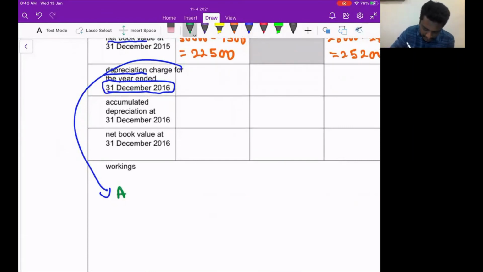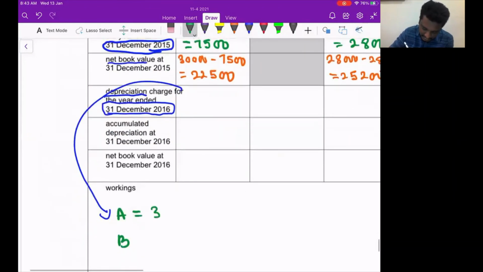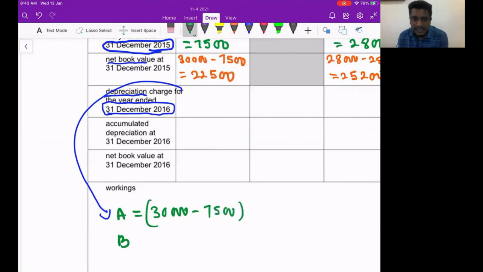For motor vehicle A, how much is motor vehicle A? 30,000. Need to minus 7,500 because they're using the reducing balance method.